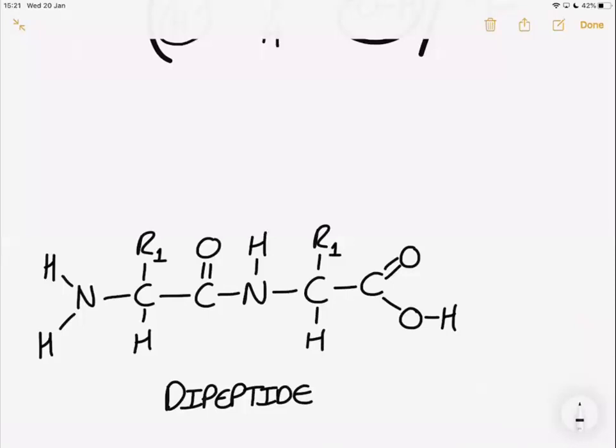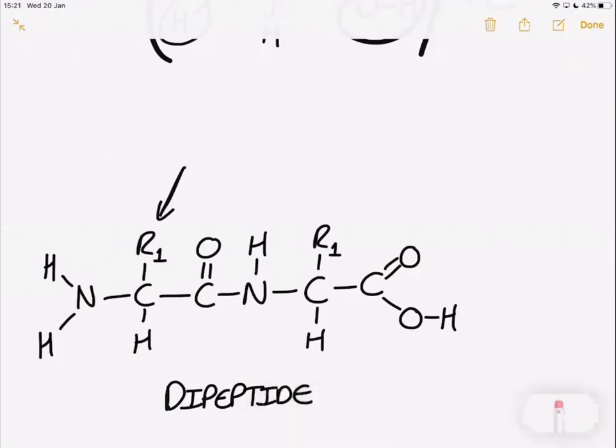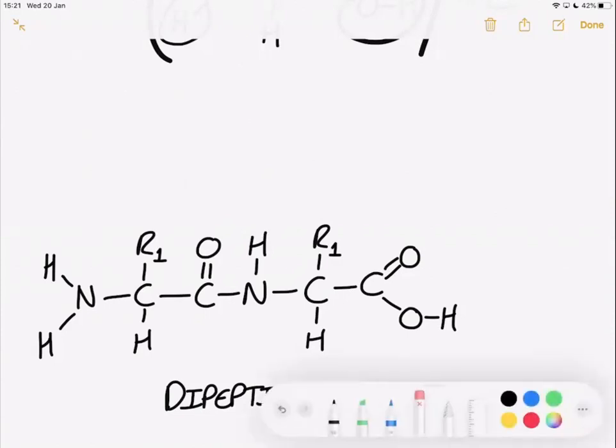Organisms code in a particular way to create polypeptides that have a special sequence where there's something here, then there's something there, and then it carries on and on and on in a polypeptide. Okay, and that's very important because it basically causes polypeptides to fold in a particular way in 3-dimensional space, which leads to the formation of proteins. So it's a slight tangent, but it's really quite a significant thing.